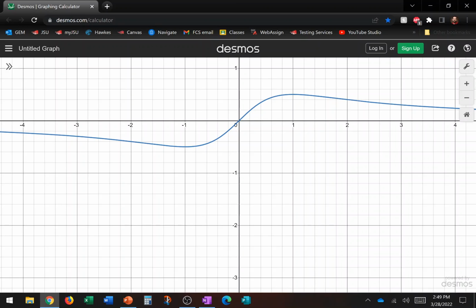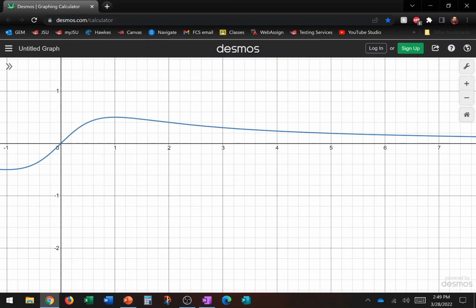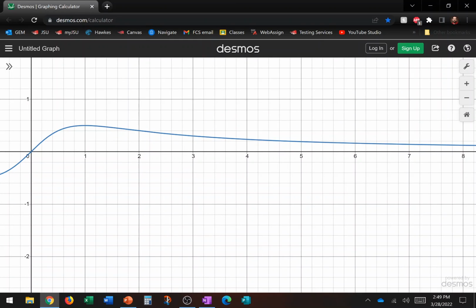And then at some weird number in here, we've got an inflection point, and it goes back to concave up until we get to 0. And then it's concave down, and then probably if I scoot over a little bit, really hard to tell on this side, but probably somewhere in here we've got another inflection point that goes back to concave up.